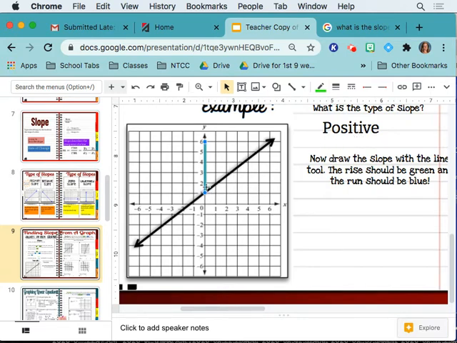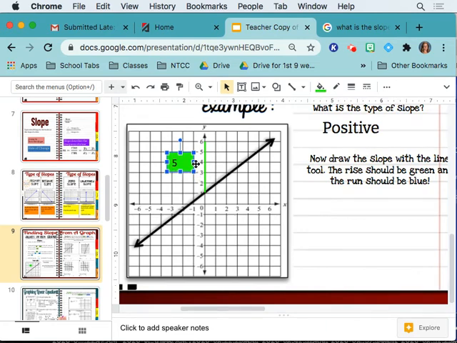So we're rising and then we're going to run. But let's write down how much did it rise? We start here and then we count 1, 2, 3, 4, 5. I'm gonna make that green.